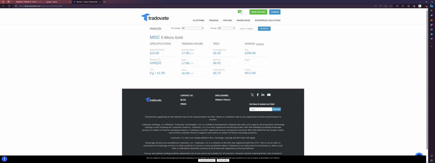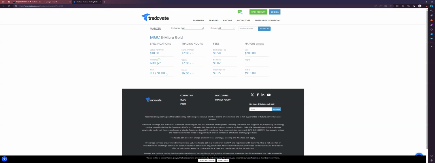So it's still at the same increment of 0.1, but instead of the margin requirement on gold being $100, it's $200. So the margin requirement is 1/5 of what the mini is, but it moves at 1/10 of the value per tick. And it obviously correlates to the value per point as well.